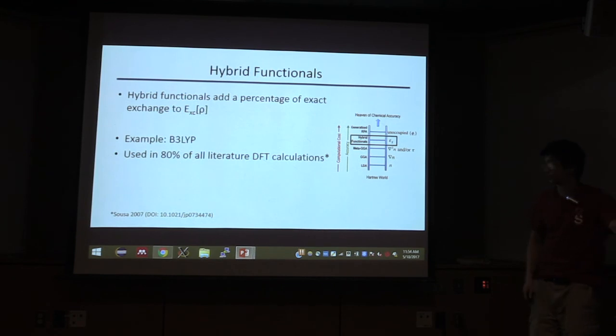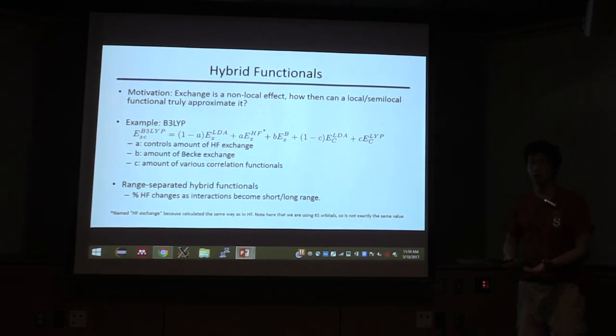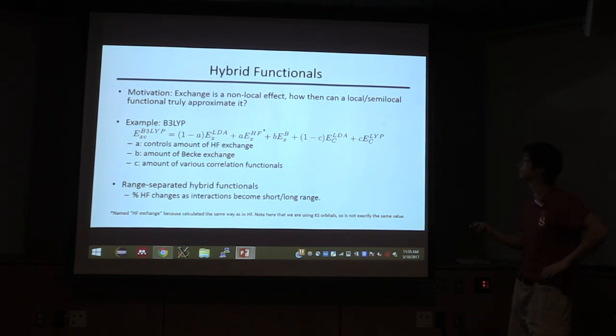And that shows just a neat little statistic I found. All right, so an easy way to motivate hybrid functionals is that the exchange arises from the antisymmetry of our wave function, which is a property resulting from electrons being fermions. So exchange is a non-local effect since it pervades throughout the entire wave function.